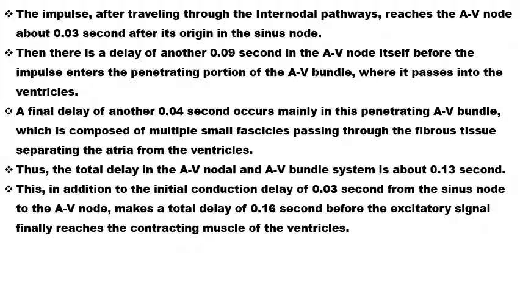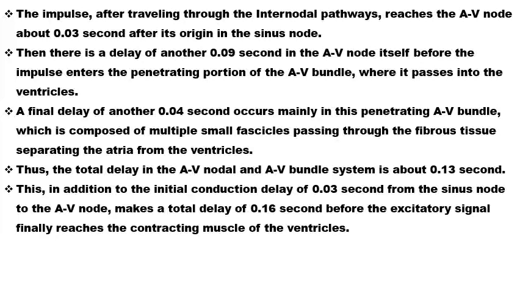The impulse, after traveling through the inter-nodal pathways, reaches the AV node about 0.03 second after its origin. Then there is another delay of 0.09 second in the AV node itself before the impulse enters the penetrating portion of the AV bundle.